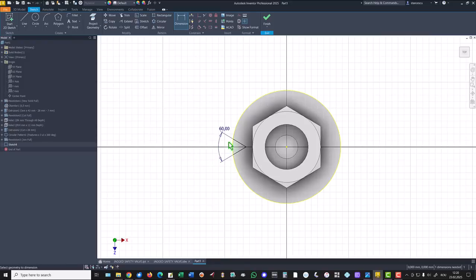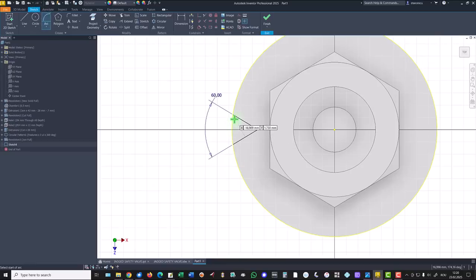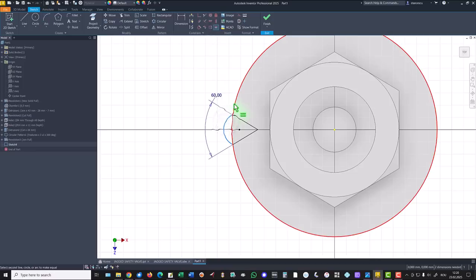Now, since we want to have 64 of these notches, we draw an arc here from this point to this point and coincident with a circle, or making equal this arc with this circle.